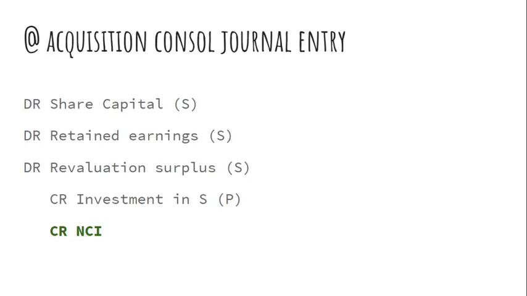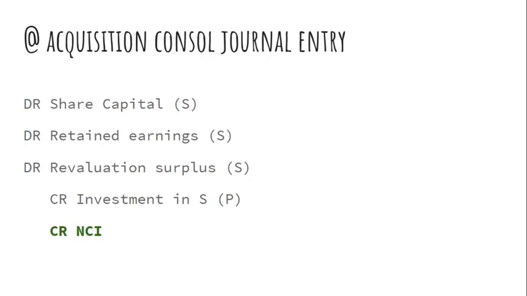Please note that I have mentioned before that your consolidation journal entries are primarily adjusting journal entries and not recognition journals. But in this instance, where I credit my non-controlling interest, this would be the recognition of non-controlling interest because it's created in the consolidated financial statements.